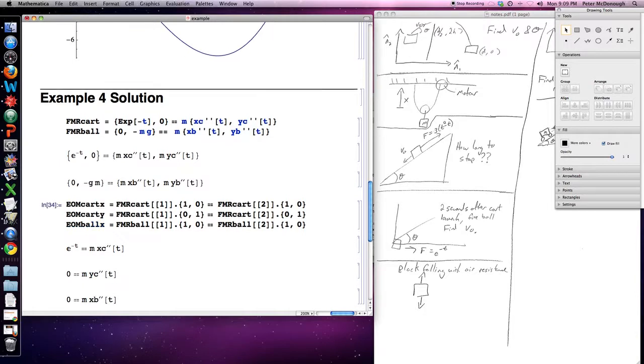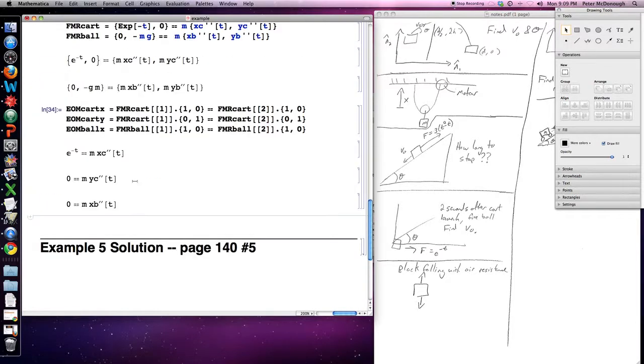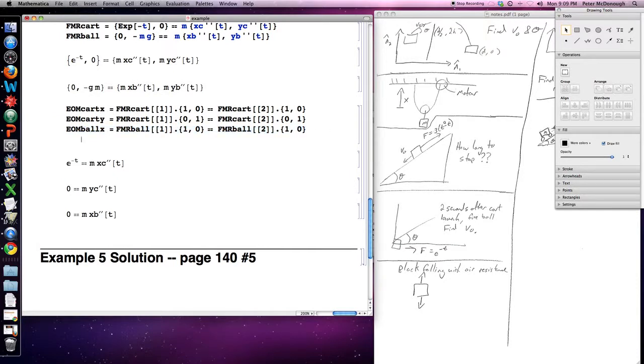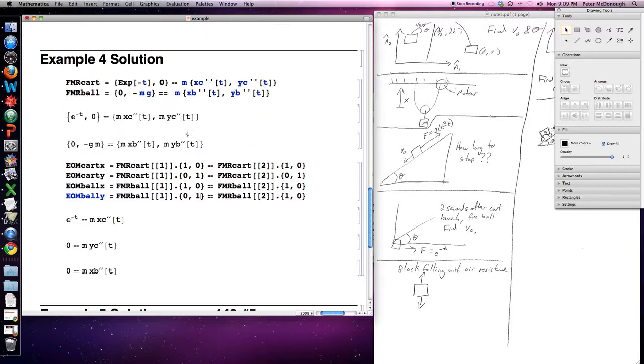All right, so we're looking good there. Yep, we pulled out the first two terms of each, 0 and m xb double dot, so we just need to pull out our last term. So our equation of motion for the y direction. We'll change this to 0, 1, and 0, 1.